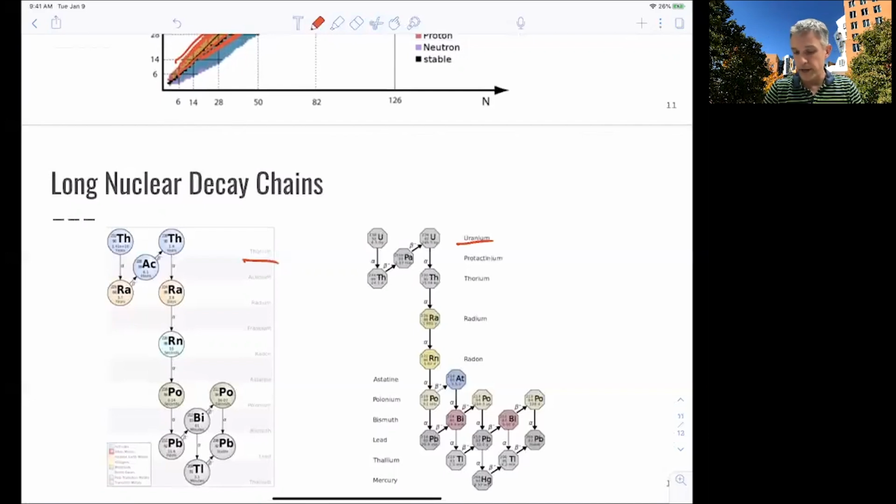On the uranium chain, it's very interesting to note that uranium is part of our earth's crust. If you build a house and you build the foundation with concrete, you probably have some uranium in there, which then in this decay chain generates radium. And therefore, if you build a house with concrete, you want to have a measure to get rid of the radium, which is just floating around there.